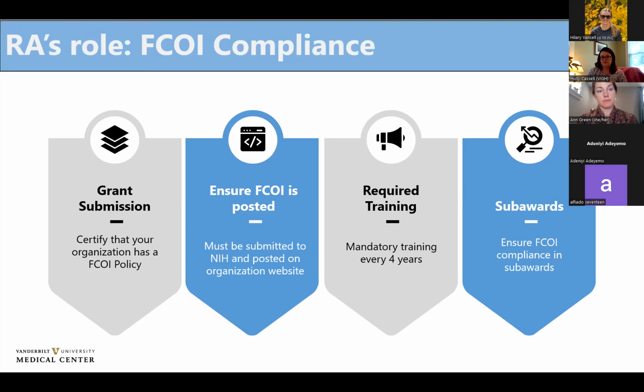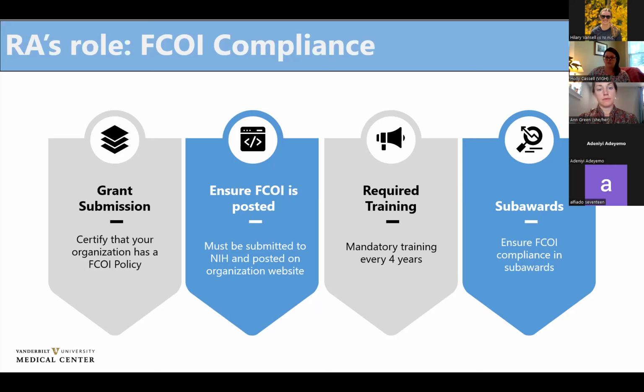You also need to ensure that the financial conflict of interest policy is submitted to NIH and posted on your organization's website. If an application was submitted by your institution, there is a way where you can say, we have one and we will post it. You'll need to make sure that by the time it's awarded, the policy has been submitted and posted. Otherwise, the NIH will not be able to issue your notice of award.